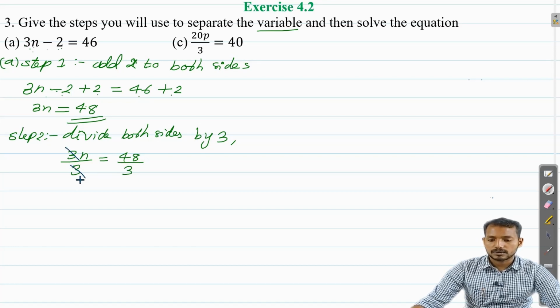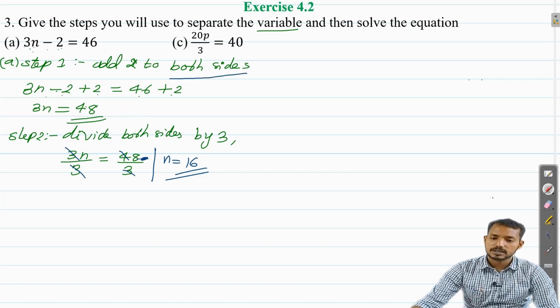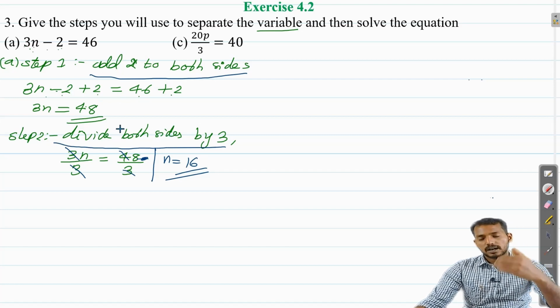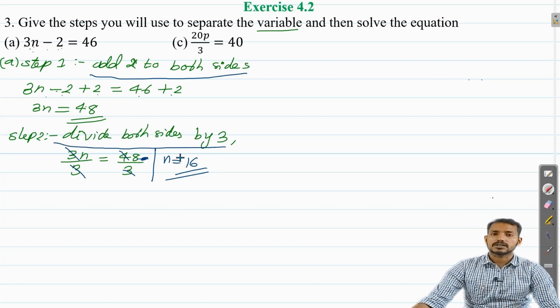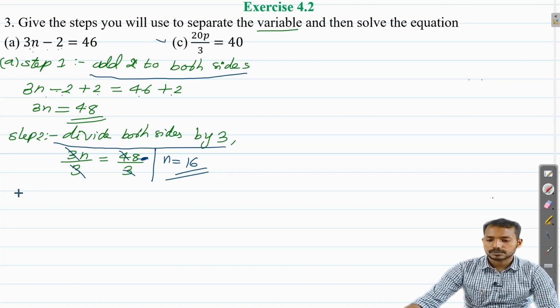Cancel this 3, we will get n is equal to 48 divided by 3, which is equal to 16. N equal to 16, that is the solution. So we have written the steps, step 1 as well as step 2, and also solved at the same time. Clear? So n is equal to 16. Very simple.